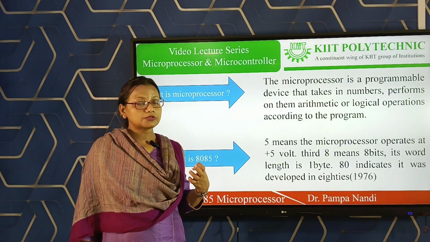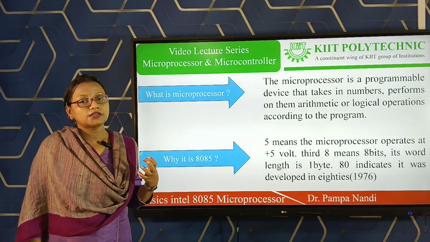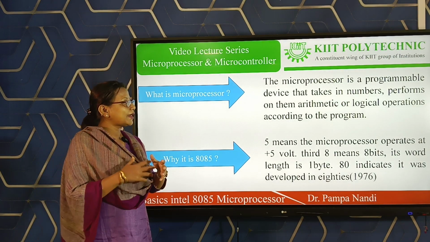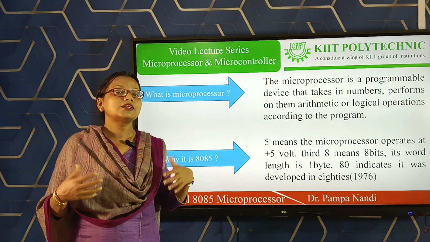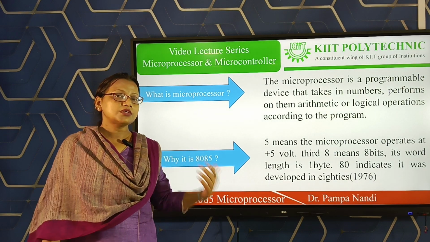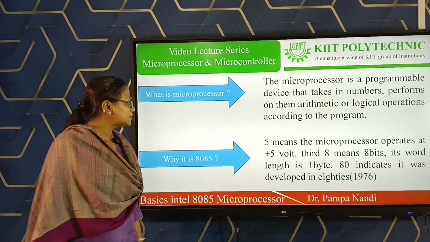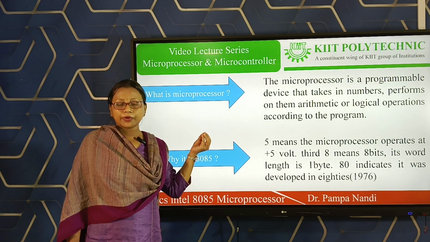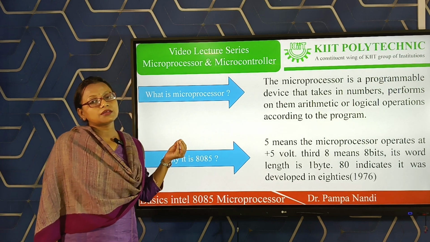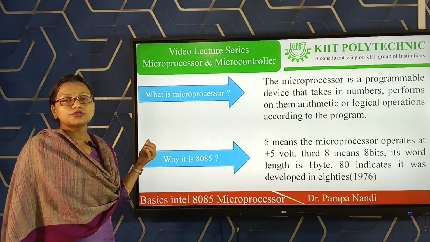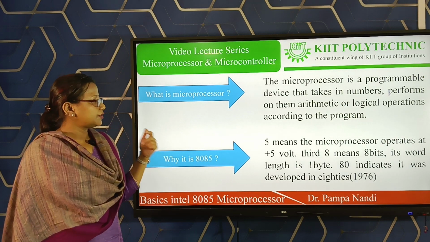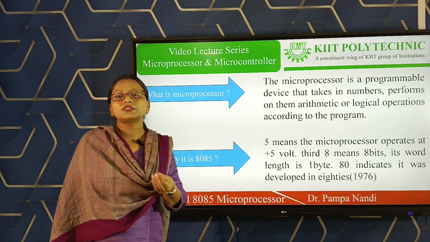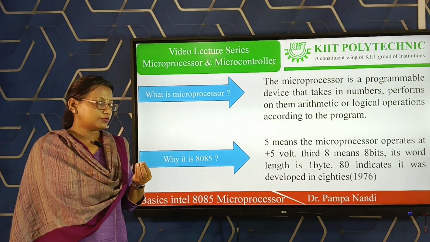How is it doing the arithmetic operation? By taking the numbers and performing the arithmetic, or, according to your program, any logical operation, and producing the result. Then the detail about what the 8085 means. The 5 stands for the microprocessor operating at a voltage level of 5 volts.